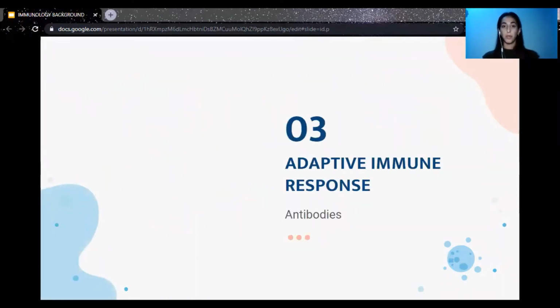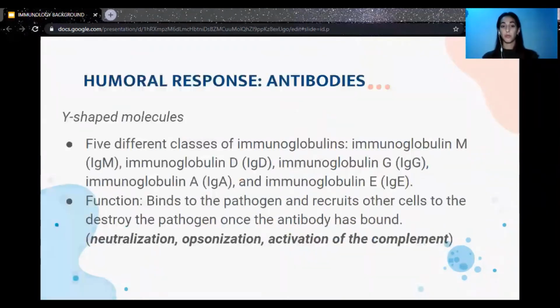Regarding the humoral adaptive immune response, antibodies are the protagonists of this type of response. Antibodies are Y-shaped molecules with two identical antigen binding sites and one constant site, the Fc or fragment crystallizable region.